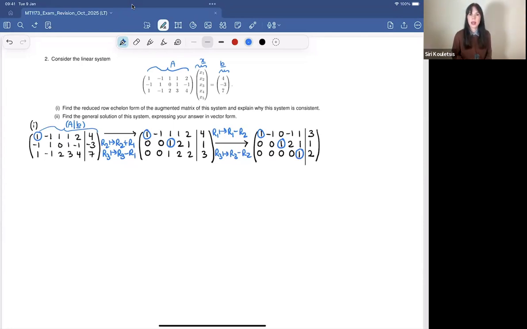And now we see here that we have a final and third leading 1 in the third row. And now one more step is needed here to get to reduced row echelon form. We need to create zeros above it. And so now we keep row 3 fixed. And then we, in this case, we deduct 1 times row 3 from row 1 and row 2 respectively.